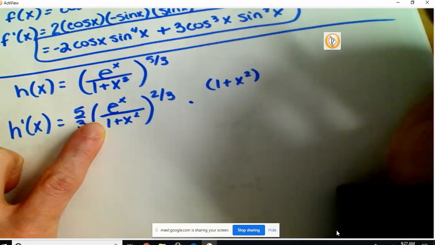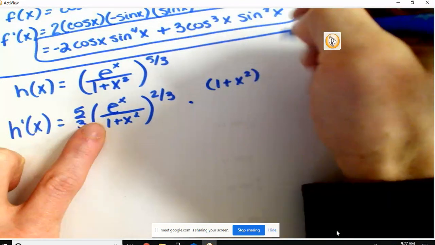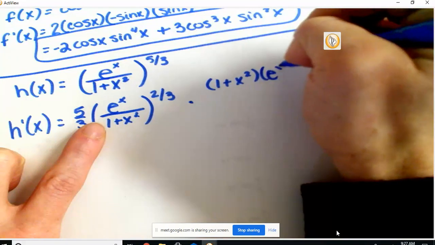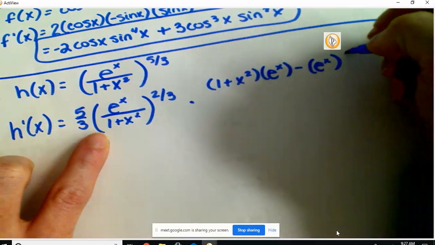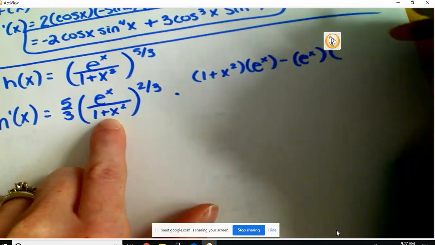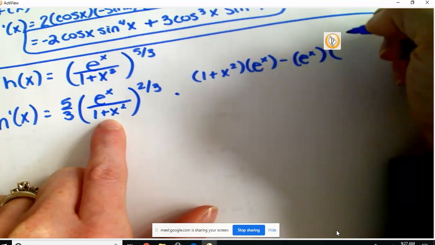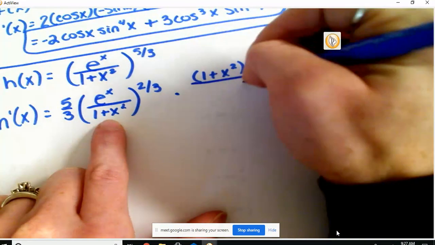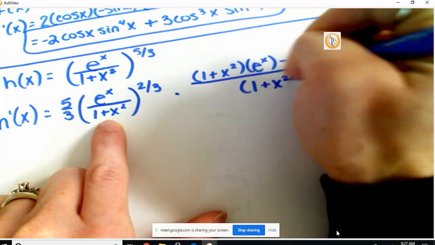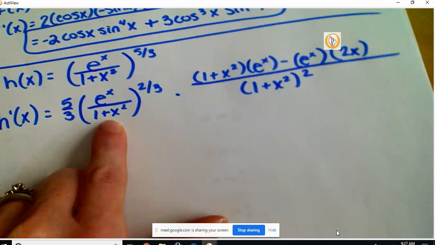D high, what is the derivative of e to a power? E to the power. Minus high. D low, derivative of the bottom. So derivative of 1 plus x squared would be 2x, over low squared.